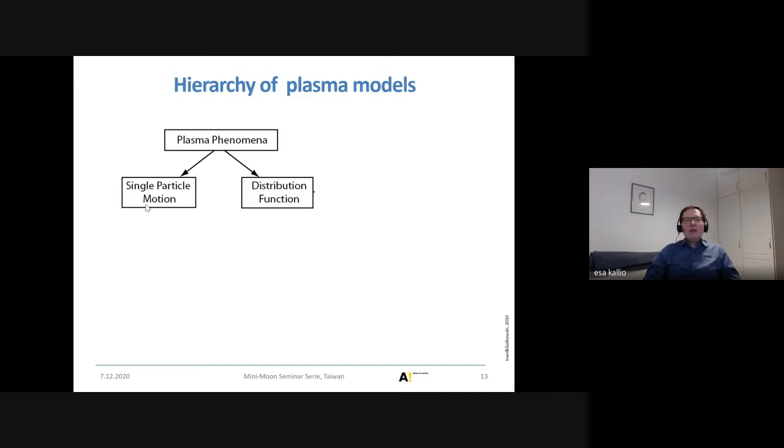But in reality, if we are making a global simulation that includes, let's say, the moon, we have so many particles that we cannot follow those individual particles. So then we use a statistical approach. We are following average values.